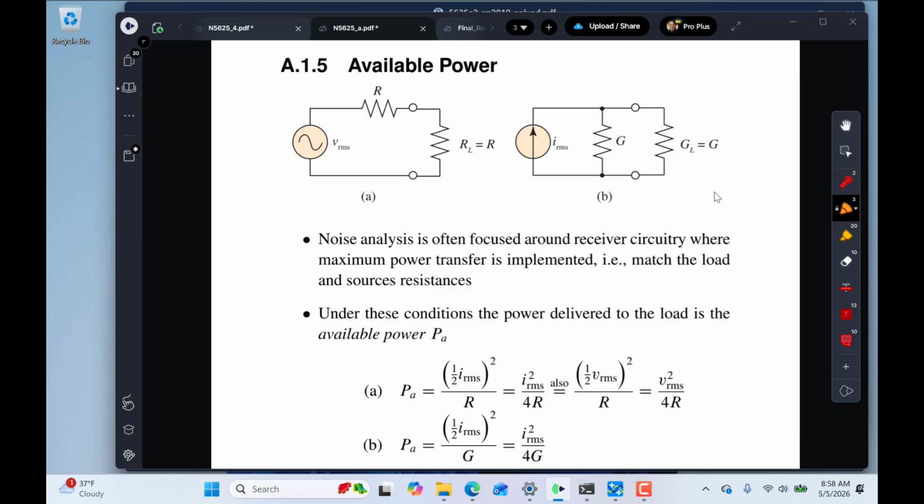And the idea with the transmission line to transfer the information is to match the impedance from the source end to the load end to not have reflections or standing waves on the line. So we're talking about maximum power transfer when we do that. Maximum power transfer for a voltage source just says the load should match the source resistance, or if it's a current source, the conductance of the load should match the conductance of the source.